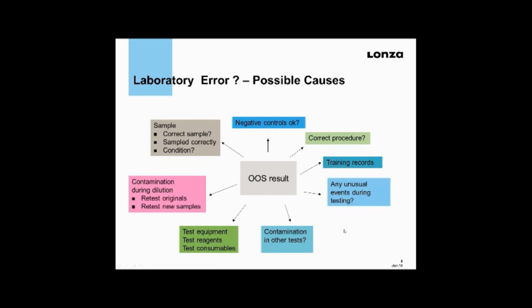So really, a logical approach to the investigation is always helpful here, because when you're looking at laboratory error, you can certainly use logic to try to narrow the field of investigation.